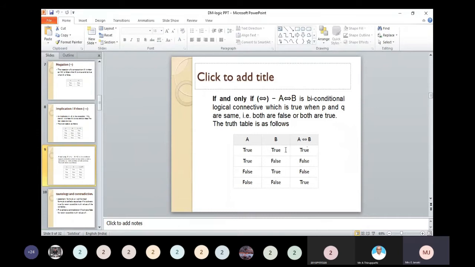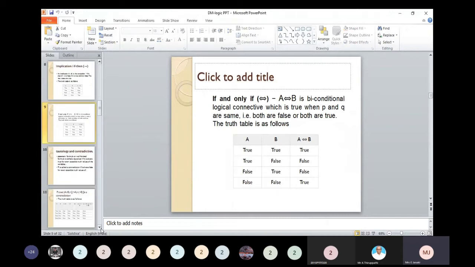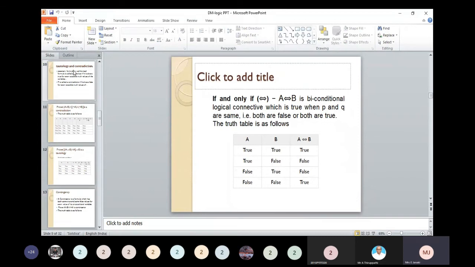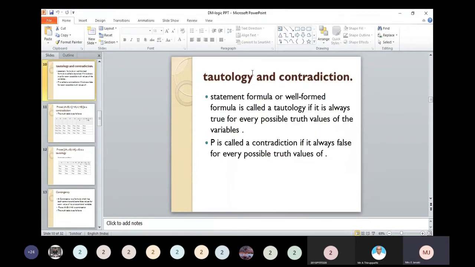That is, plus into plus is plus, and minus into minus is also plus. Take this first row, true and true, the biconditional value is true, and A is false, B is false, then the biconditional value is true, and the remaining entries are false. These are the 5 connectives. Next we will see the definition of a tautology.